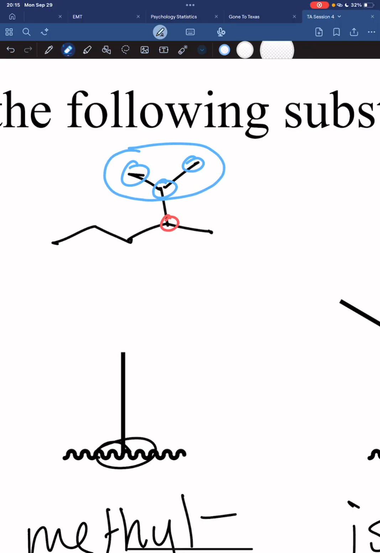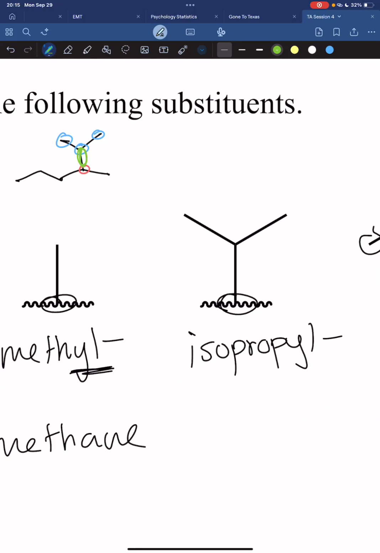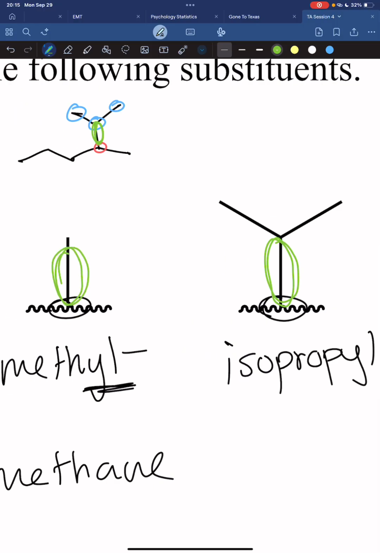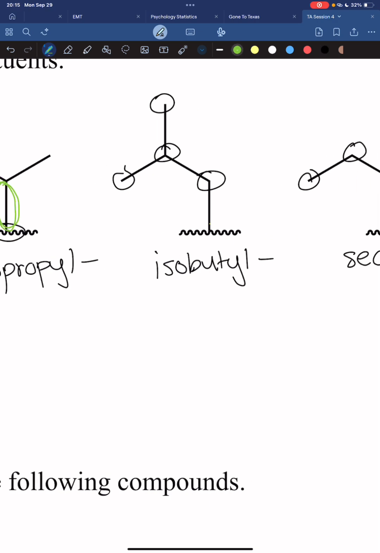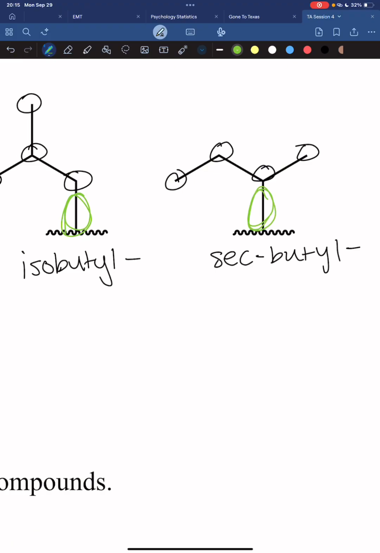It is just being connected to the main chain through this bond here. It's not going to show up. This bond connects the substituent to the main chain. This bond connects to the main chain because we have a CH3 here, right? Our methyl group. And that's the same for all of them. This carbon does not count. That's just the bond connecting to the main group.